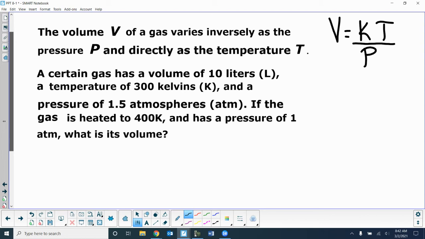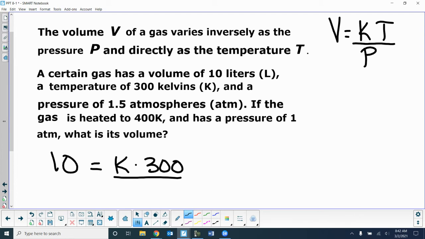So, a certain gas has a volume of 10 liters, so where's that go? Where the V is, right? A temperature of 300 kelvins, so that's for the T, right?